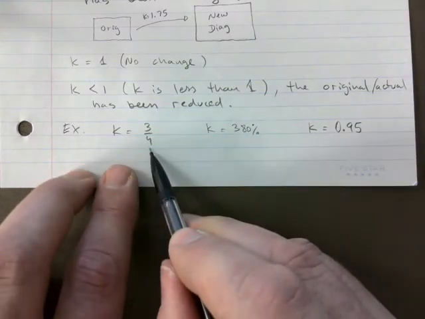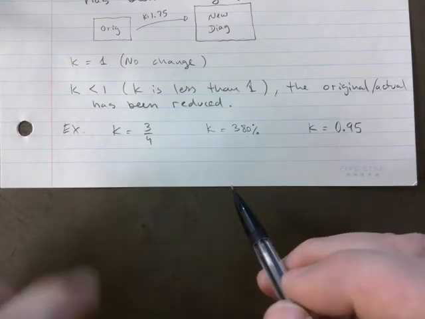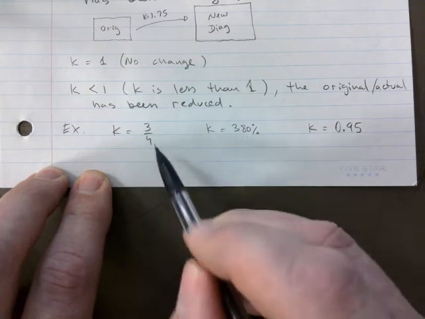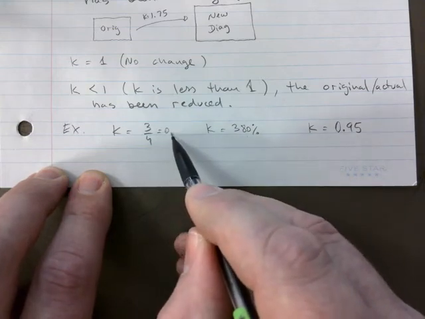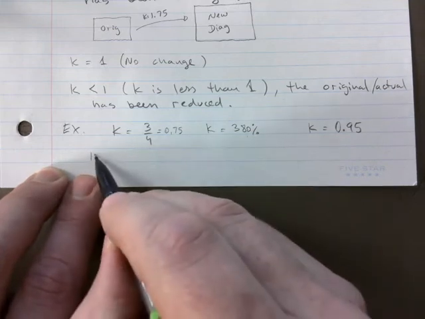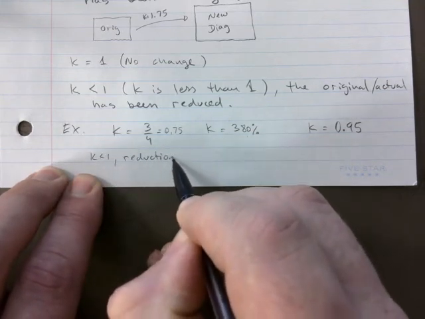So in each one of these, could you tell me what happened to the original? What happened to the original in this case? It's a reduction, right? Because K is less than 1. K is less than 1, reduction of the original, that is.